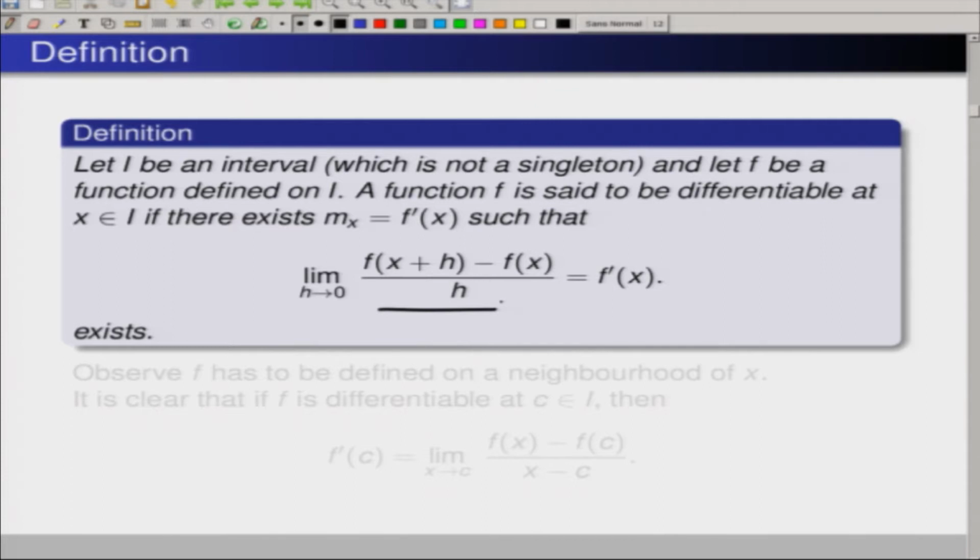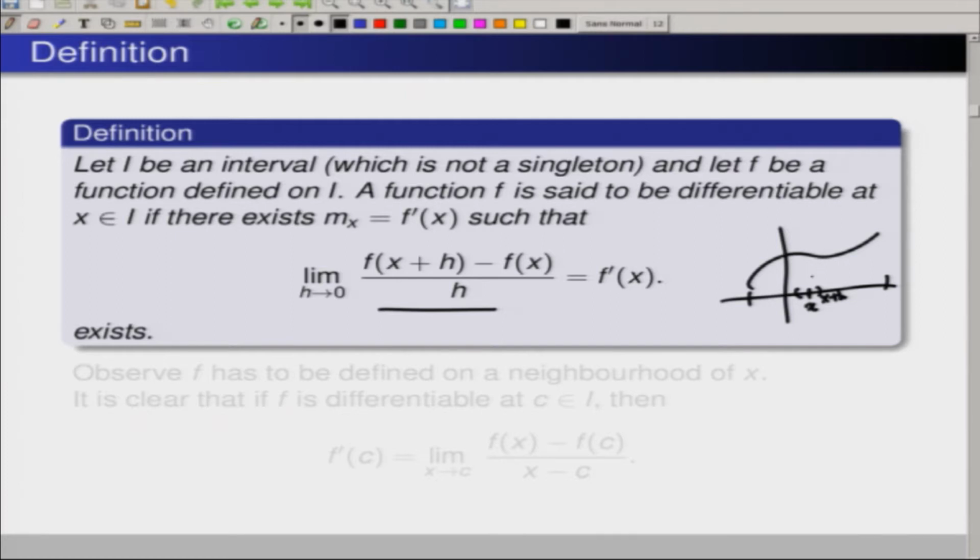Look at this, suppose you have a function something like this, defined on this interval, and you have a point x here. Then this is x plus h, and this is x minus h, in the interval. Suppose h is taken to be positive.